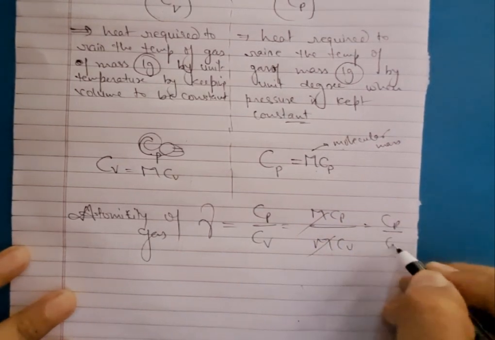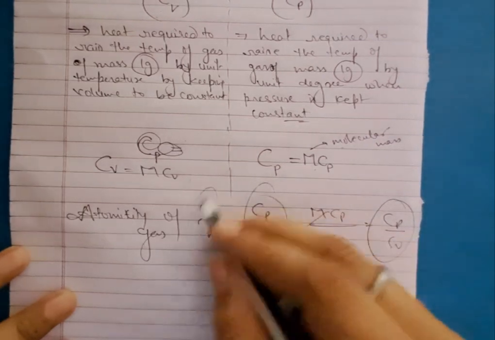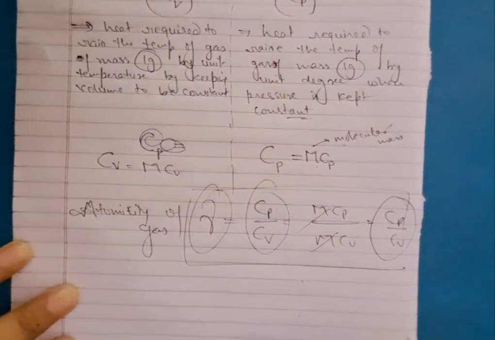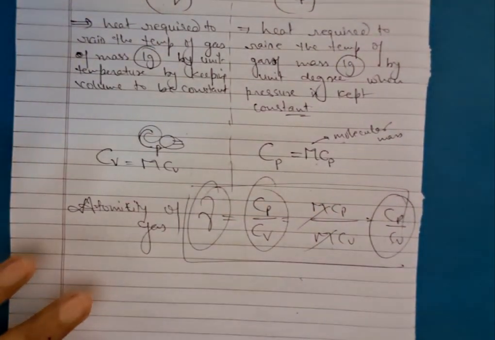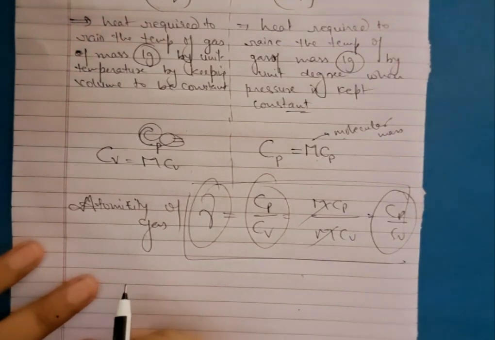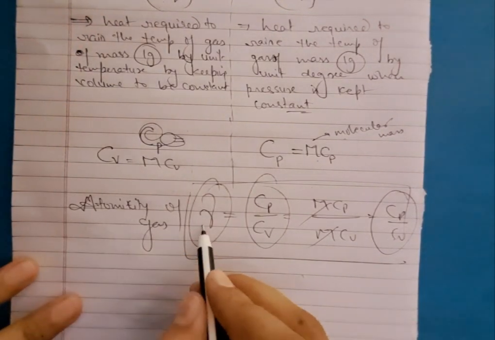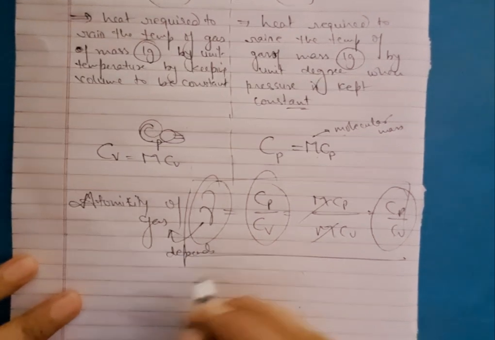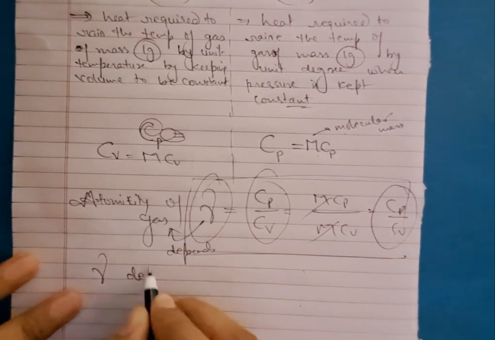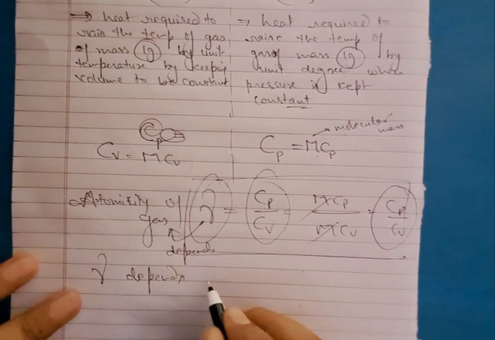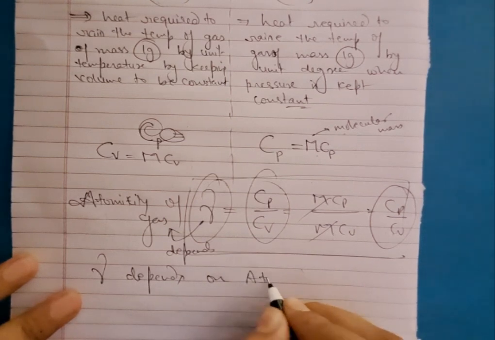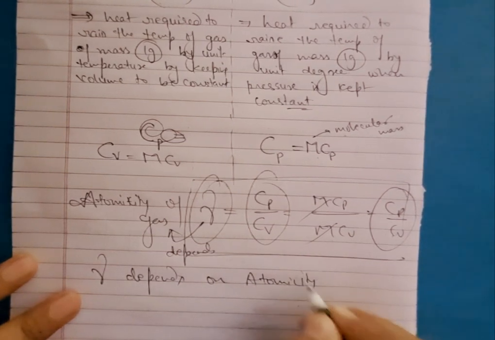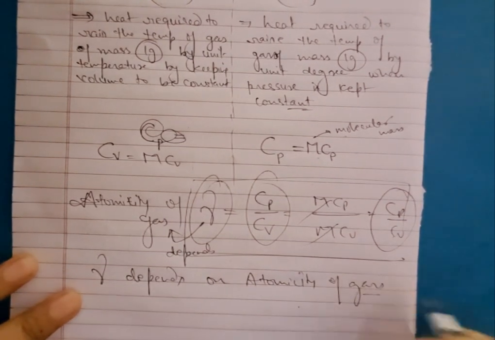So Cp by Cv. The value of gamma depends on the atomicity of the gas.